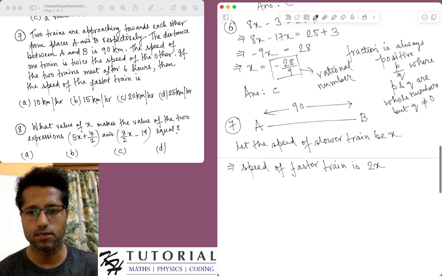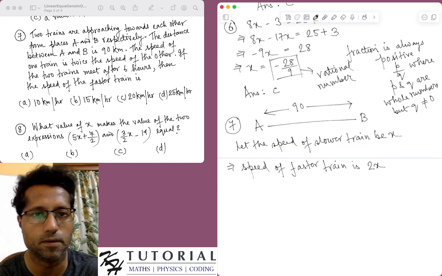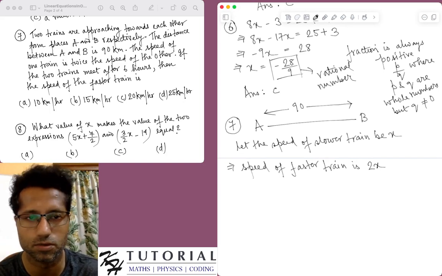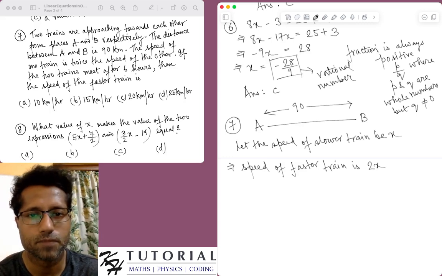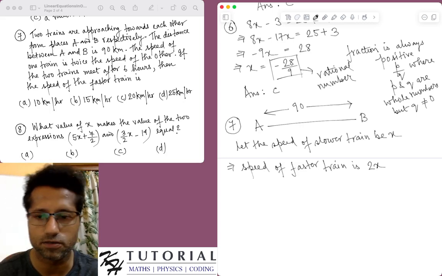So now it says that they start approaching towards each other from A and B. So they are approaching towards each other. So definitely after some time they will meet at some point in between. So it says that if the two trains meet after 6 hours, okay.